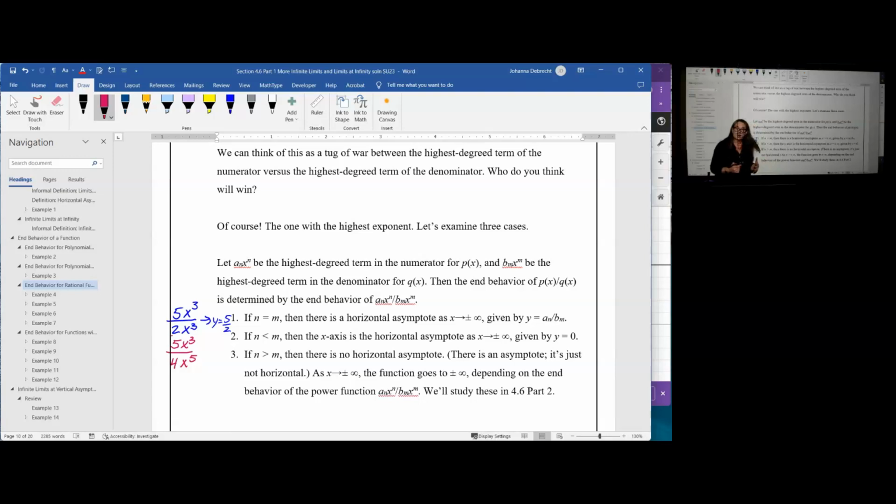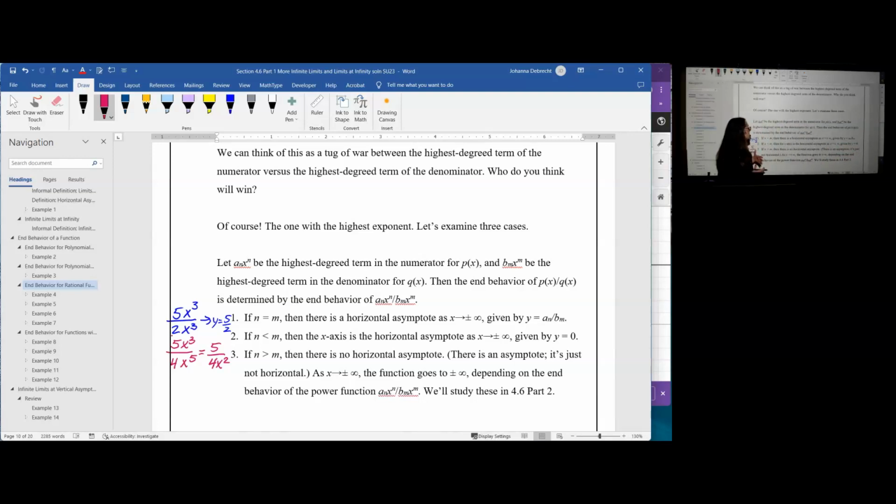Well, you know from cancellation that all of the x cubes in the numerator will cancel, and this will become 5 divided by 4x squared. Now, as x goes to either positive infinity or negative infinity, that's going to approach 0, which means there is still a horizontal asymptote, and it's given by the x-axis, y equals 0.